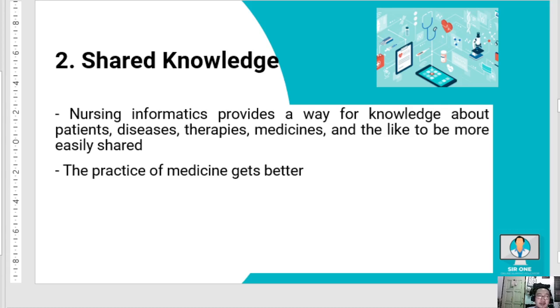So everyone is assisted, everyone is facilitated, everyone is aided because of the presence of technology, and everybody becomes knowledgeable.